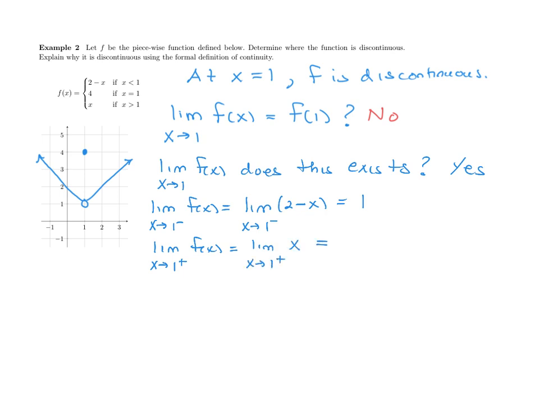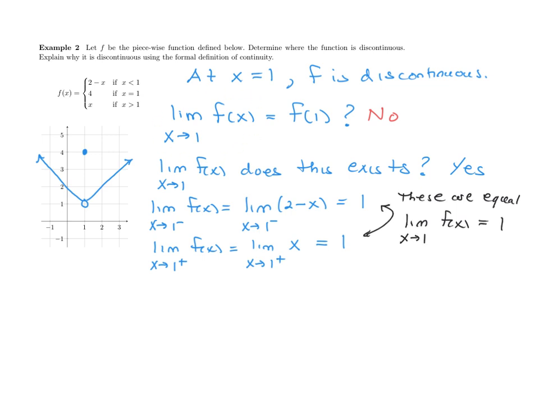And by direct substitution, it's also 1. These are equal, and that means the limit exists. In fact, the limit as x approaches 1 is this common limit. Okay, so that's not a problem.